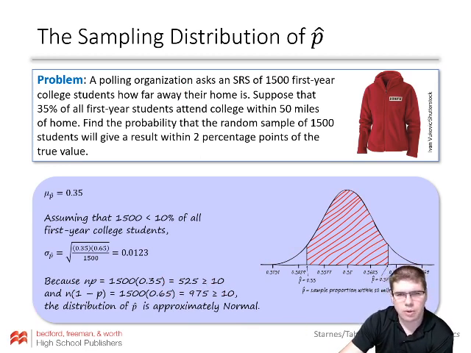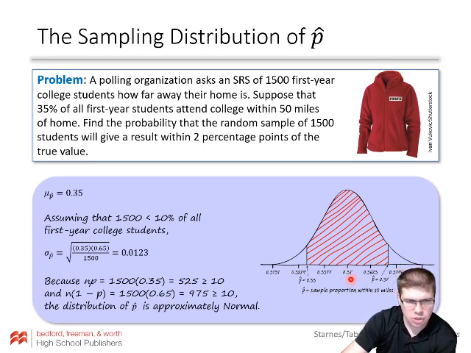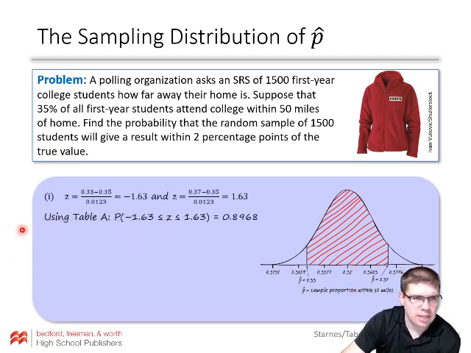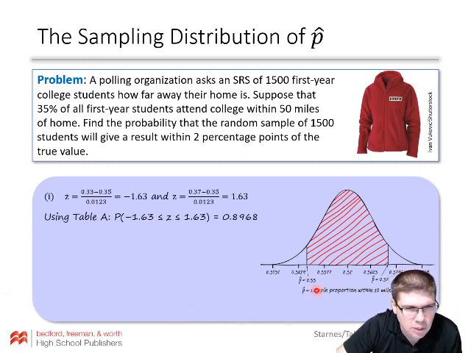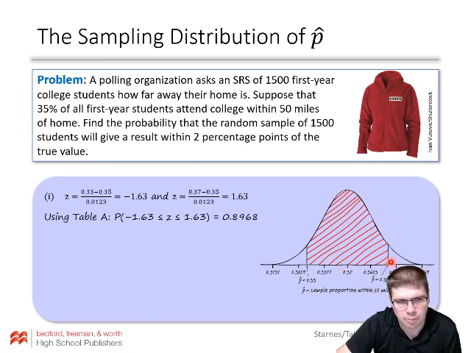And so then we want to find the probability that we'll get results within 2 percentage points. That means we want to be within 0.02 of this. So we can go from this plus or minus 0.02, and so really we're going from 0.37 down to 0.33. They turned those into z-scores to do this.